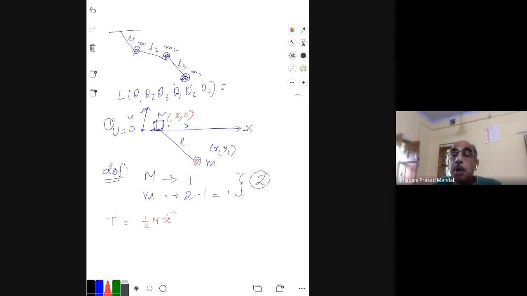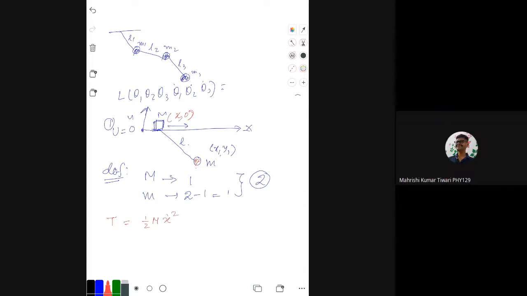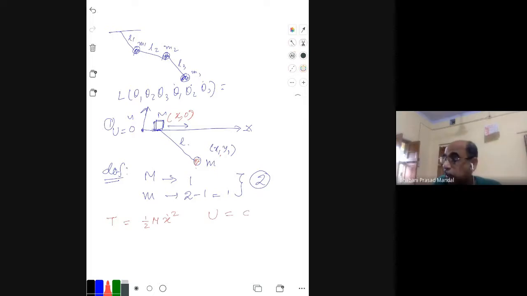Potential energy: Manish Kumar, can you tell us what will be the potential energy of this capital M? It will be 0, sir? Yes, 0, very good. At this level it will be 0. If I take the 0 somewhere else, it will be some constant. It cannot depend. So this is for the first particle, capital M.